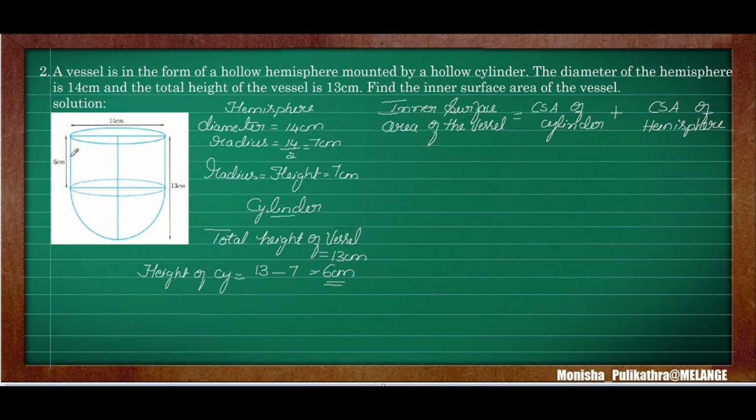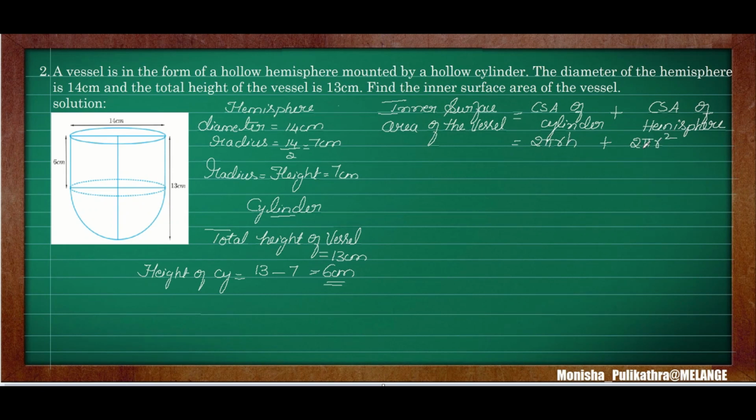Okay, so in order to find the inner surface area of this vessel, we need to find the curved surface area of two separate geometrical shapes separately. So CSA of cylinder plus CSA of hemisphere. So CSA of cylinder is 2 pi r h, whereas CSA of hemisphere is 2 pi r square.